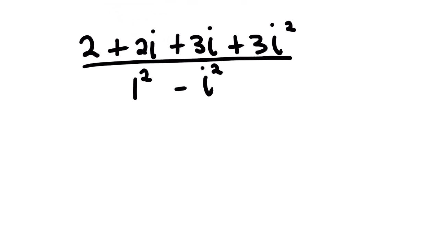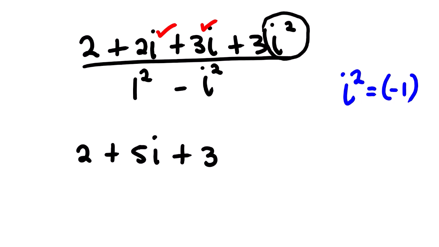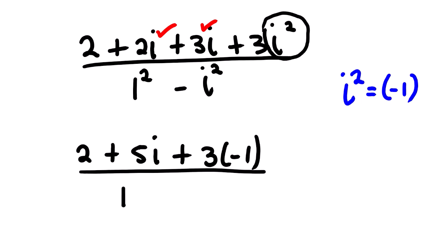Now with complex numbers, we know that i squared is equal to negative 1. So now this and this are like terms. So 2i plus 3i, we are going to have 5i, and then plus 3i squared, which is negative 3, all over 1 squared, which is 1, minus i squared, which is also negative 1.